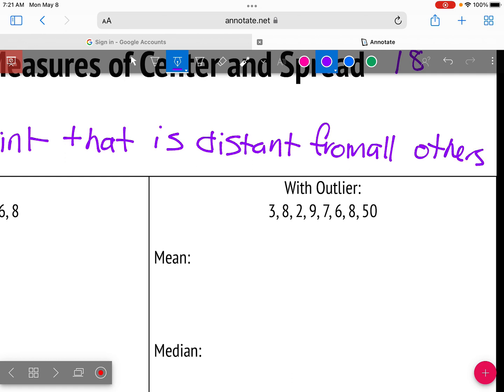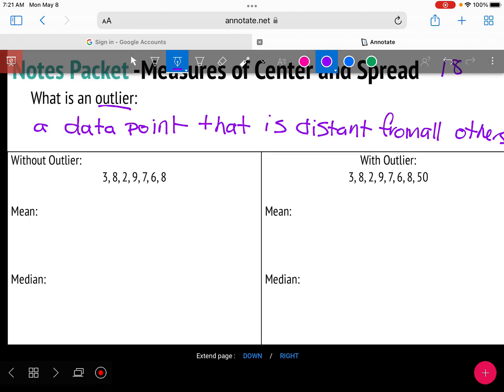So a data point that is distant from all others. And we're going to see what happens to our measures that we've worked with when there's an outlier. We're going to see what happens, and then we'll talk about why that happens.